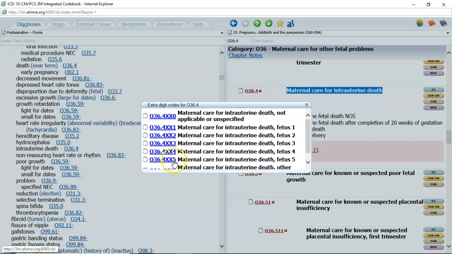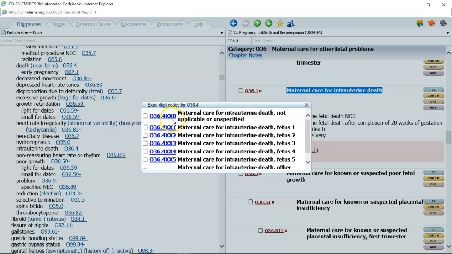We're going to need a 7th character that tells us which fetus it was, but we do not know which fetus, so we are choosing the 7th character of 0.